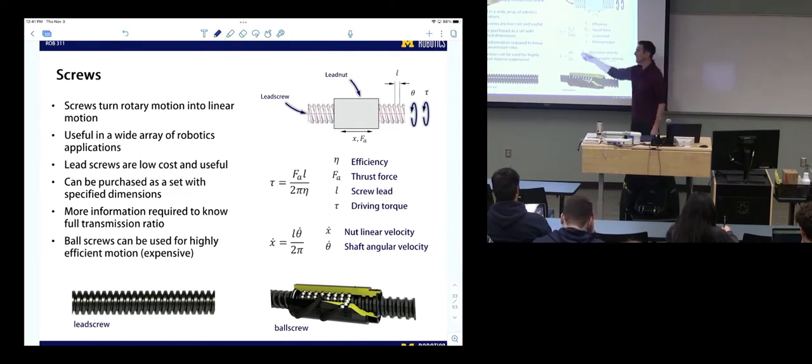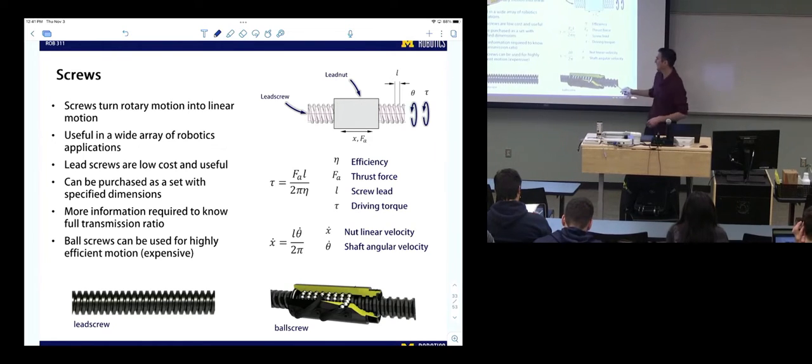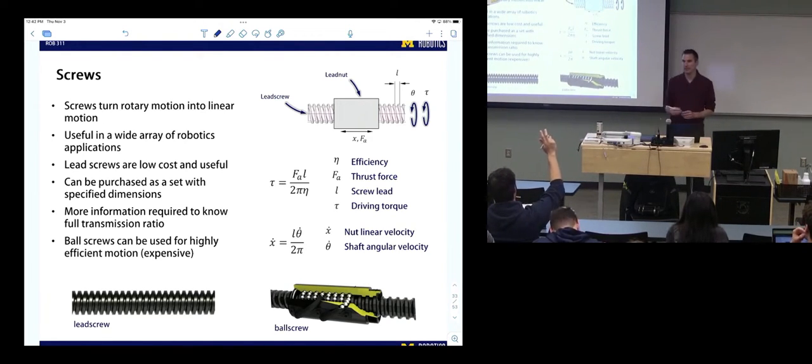So these are the two equations that describe lead screw or ball screw usage. The equation for torque maps torque from the input to the force provided on the nut, and then the velocity relationship. What's the difference between these? How does it work? One has sliding contact and the other one's rolling contact.